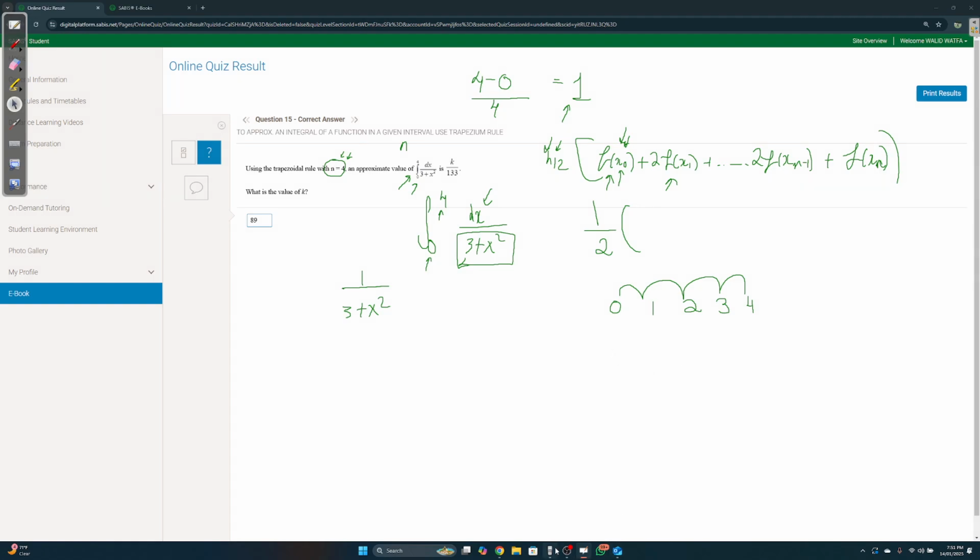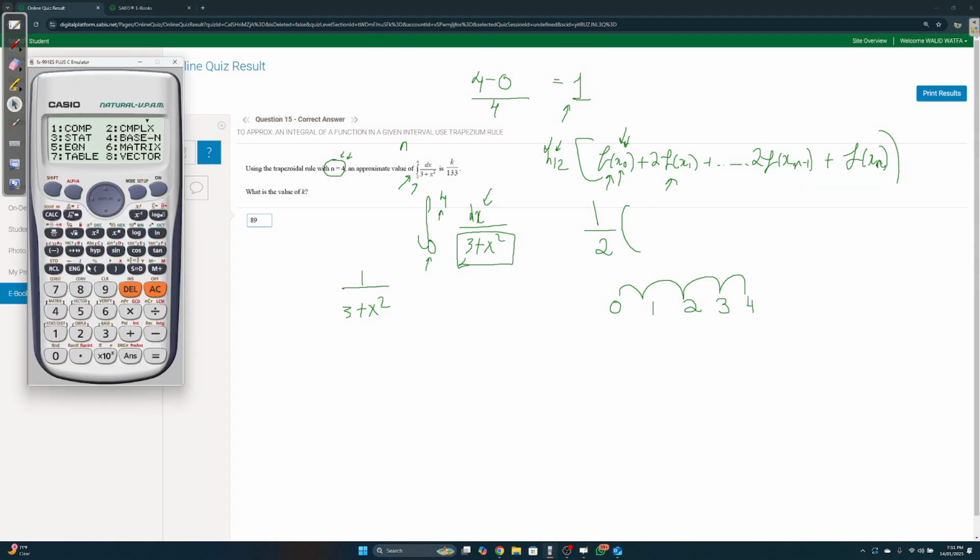If you want to make your life easier, instead of substituting one by one, go to calculator table mode and enter 1 over 3 plus x squared from 0 until 4, and you get all values. So 0 will get you 0.3, in other words 1 over 3. 1 will be 0.25, in other words 1 over 4. 2 will be 0.1428.